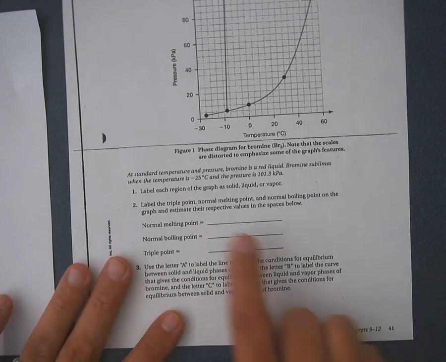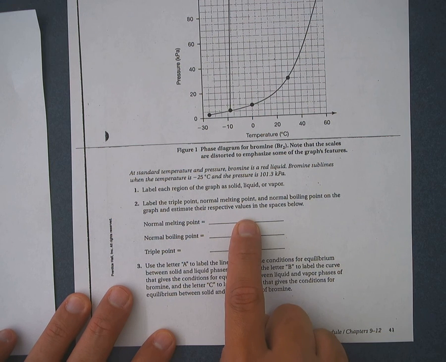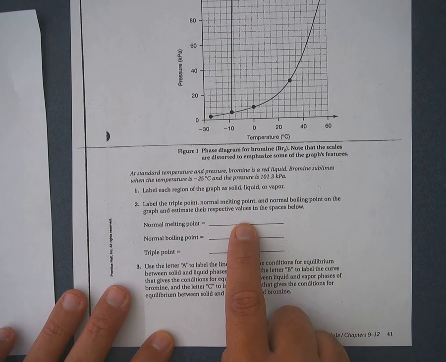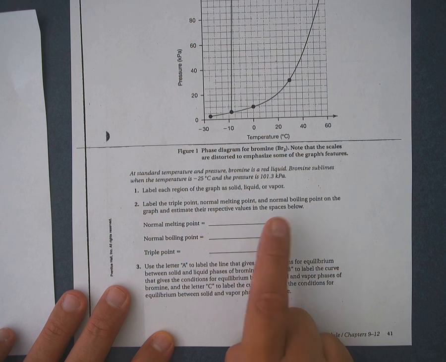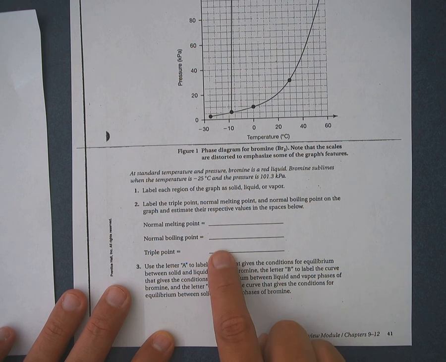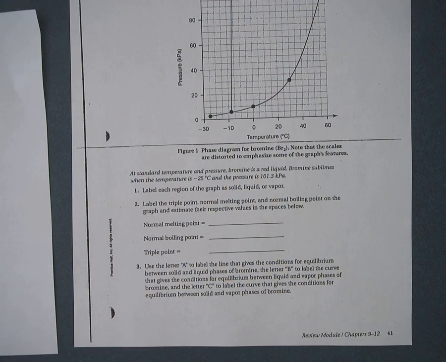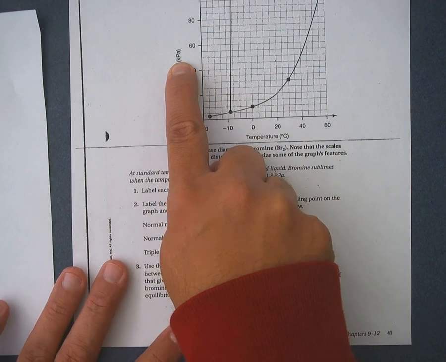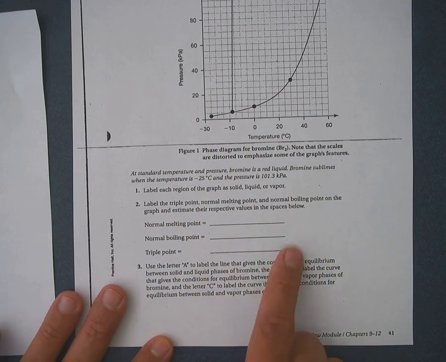When you go to do this question, I want 2 answers. Not 2 different answers, but 2 parts to the answer. I want a temperature and a pressure. So if for triple point you just give me a Celsius, or just a kilopascal, which is a unit of pressure, that's not right. I want an X and a Y coordinate.